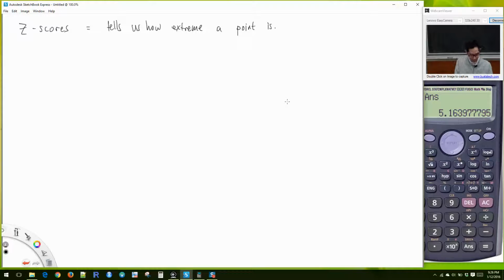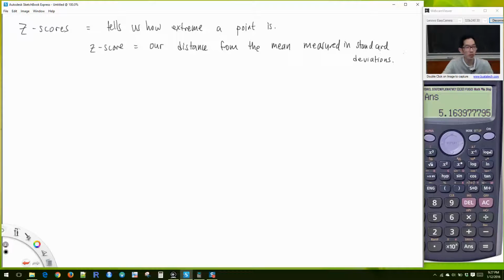All right, and the definition of a z-score: the z-score is equal to our distance from the mean measured in standard deviations. Okay? All right.